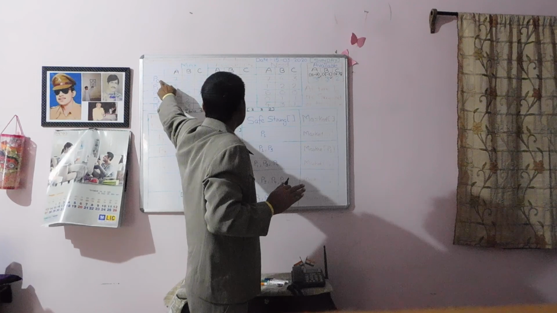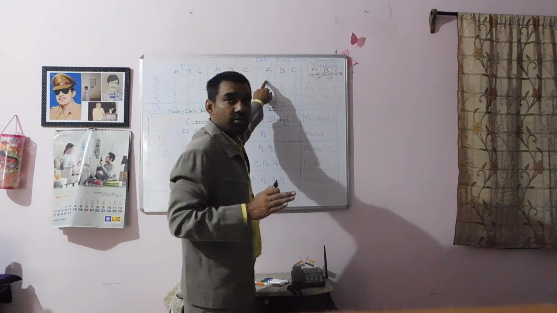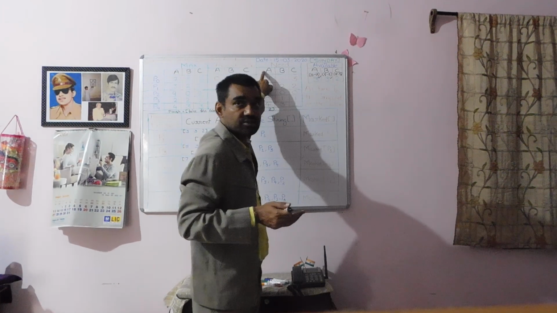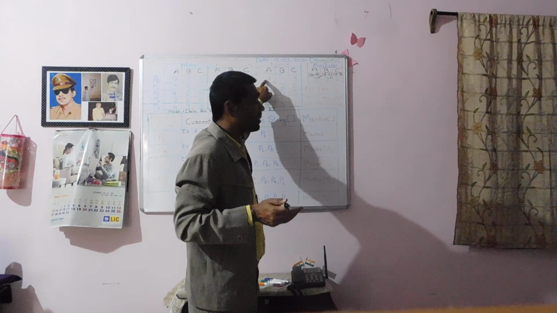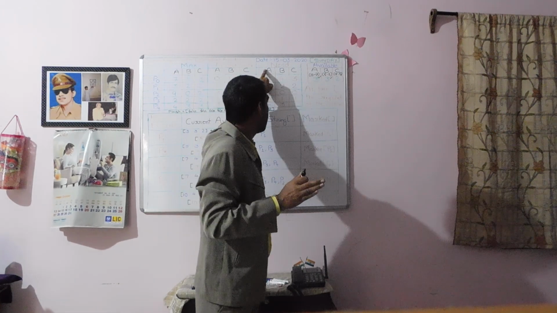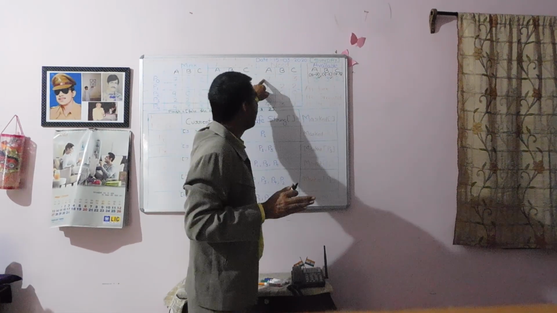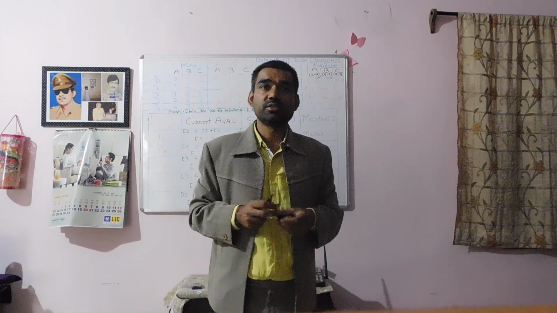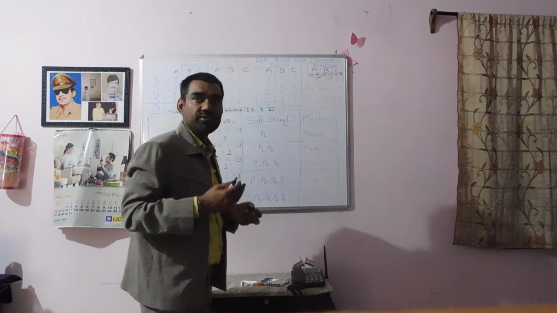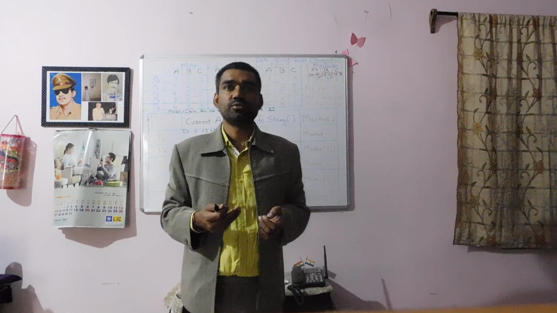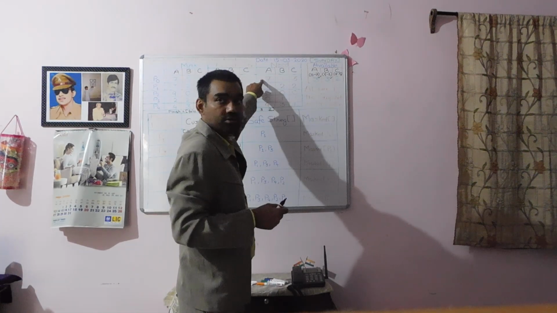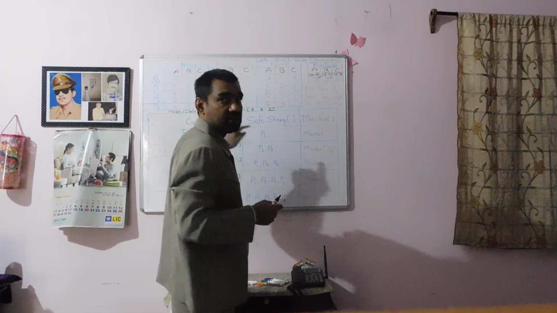P0 requires 7 instances of resource type A and available is 3. You have 3 and you are asking for 7, so it cannot be granted. You cannot select P0.